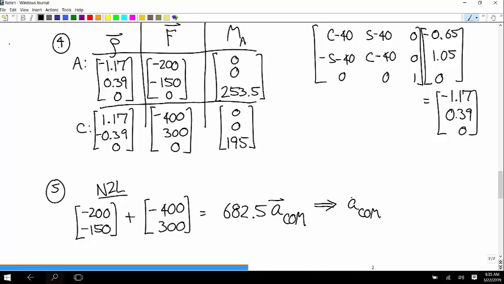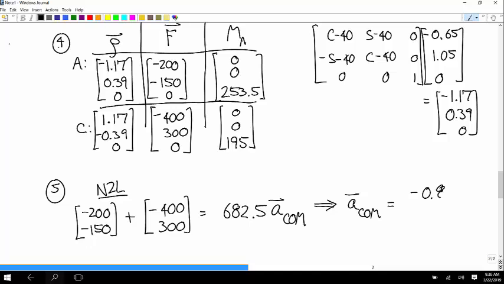Can someone tell me what the acceleration of the center of mass is? Say it again.